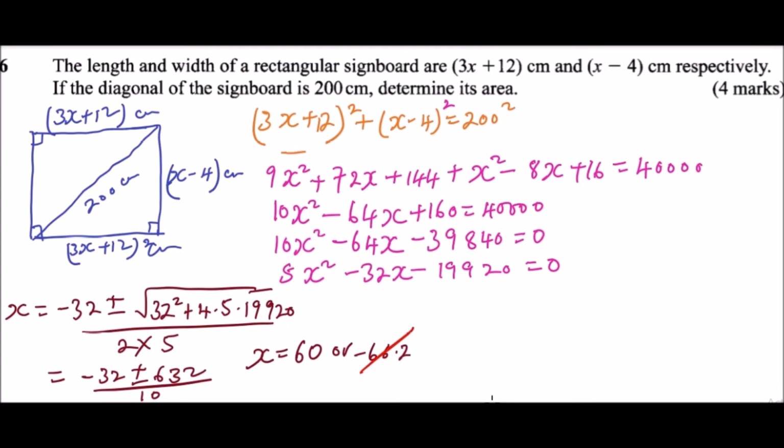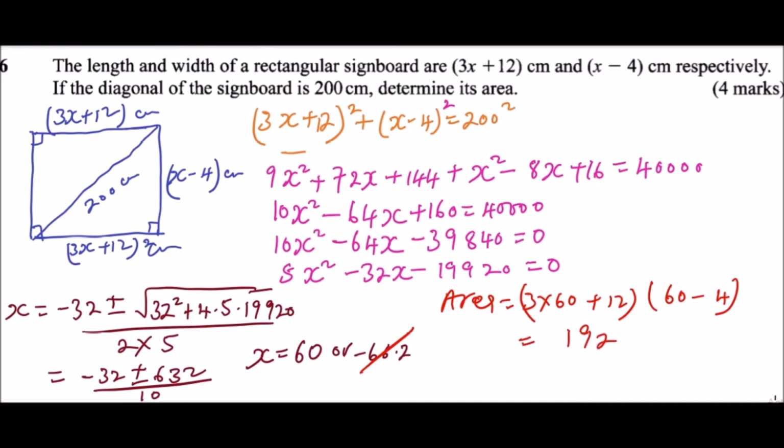So area is then you will be able to get area is equals to length times width. So it is 3 multiplied by 60 plus 12, and you multiply by 60 minus 4, and this will give you 192.